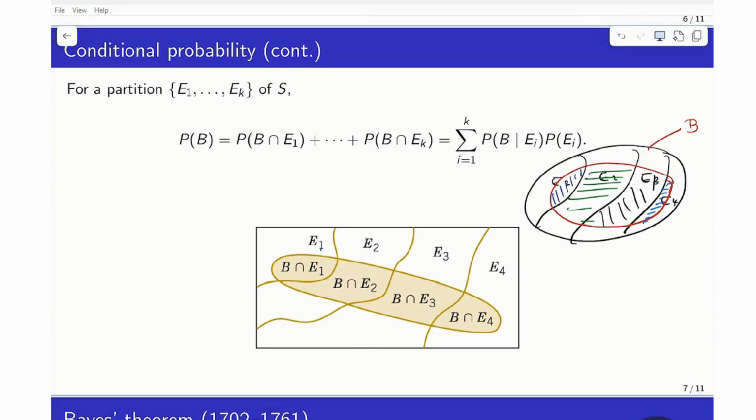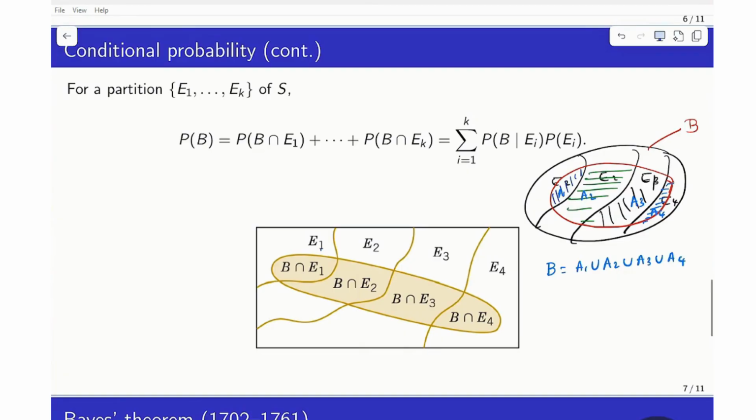So I will write here, let's first compare the areas. B is A1 union A2 union A3 union A4.